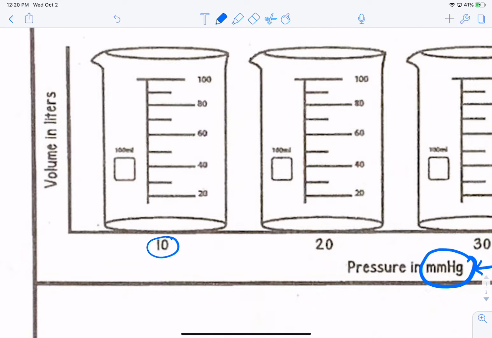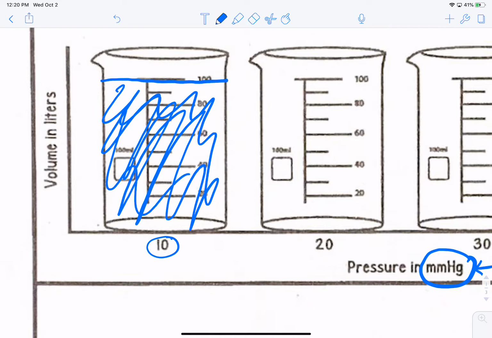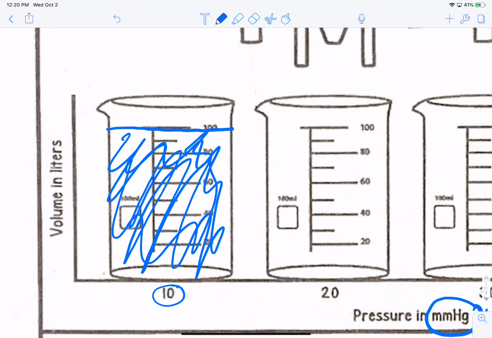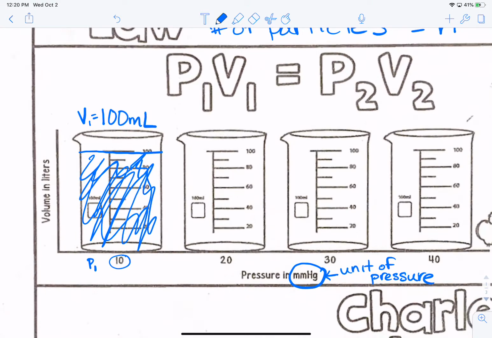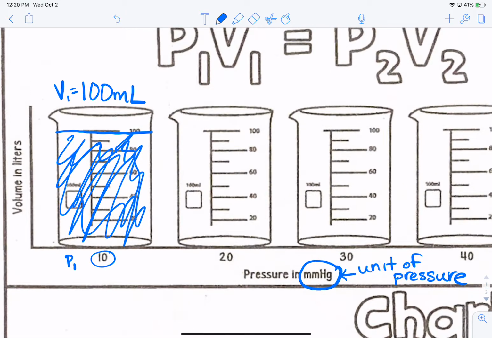Let's say the volume of the gas is right up here at 100 milliliters. This right here is your pressure 1. This right here is your volume 1. If I change the pressure, so here's our new pressure, pressure 2.